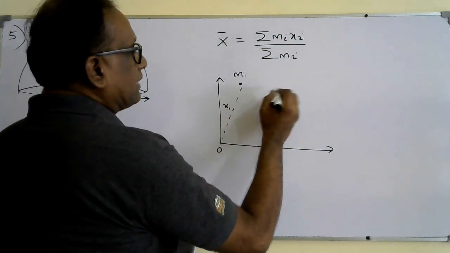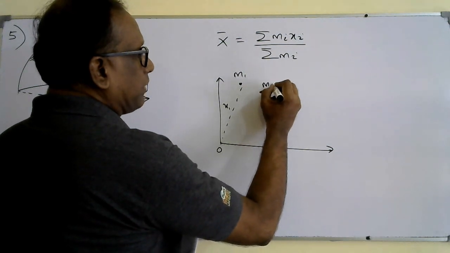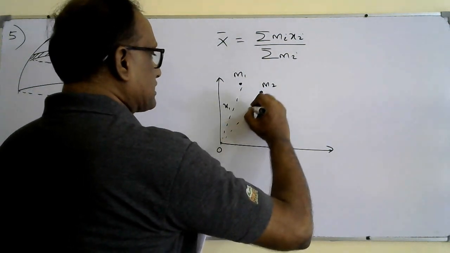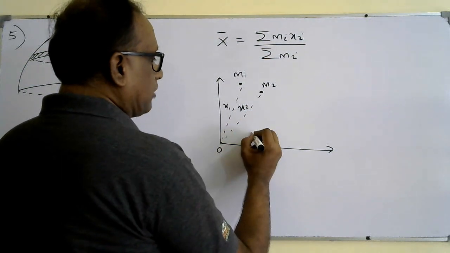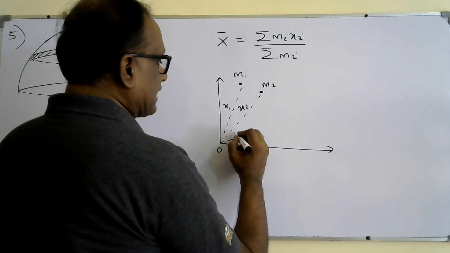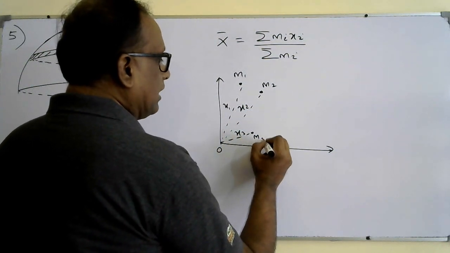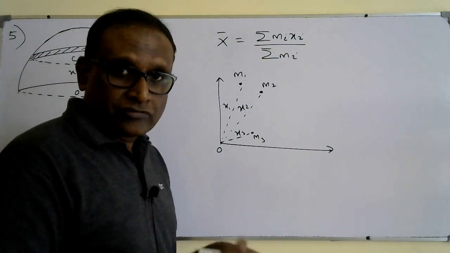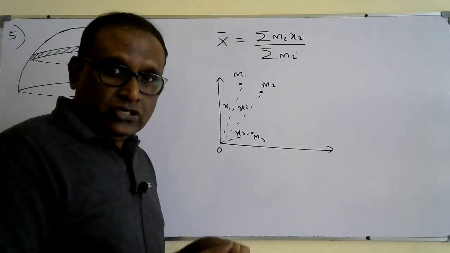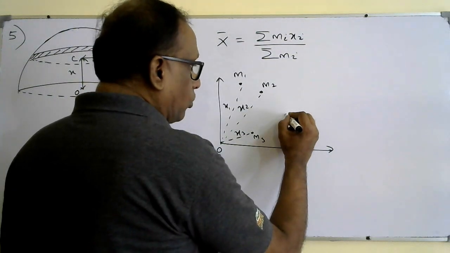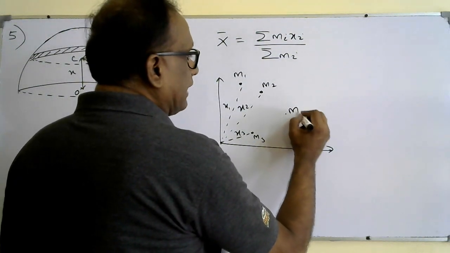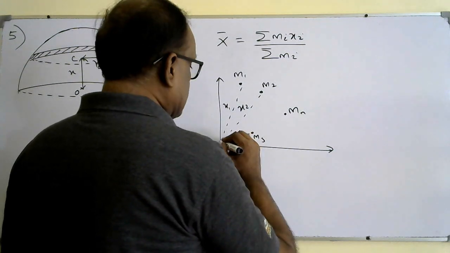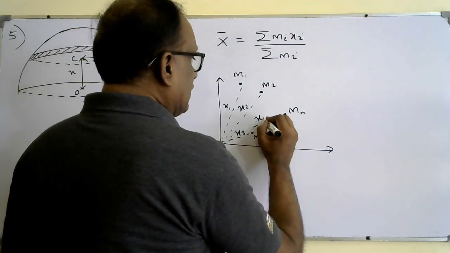There is another object that has mass m2, its distance is x2 from here. There is another object m3, its distance is x3. Like that, there are n number of particles or objects, with the last one Mn at distance xn from O.